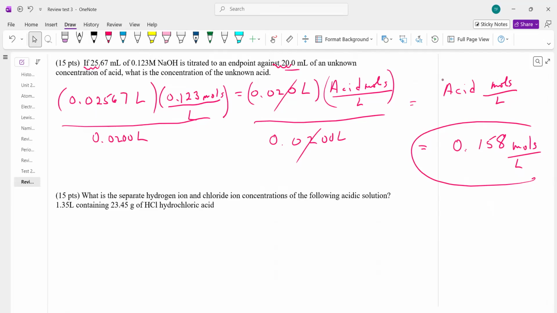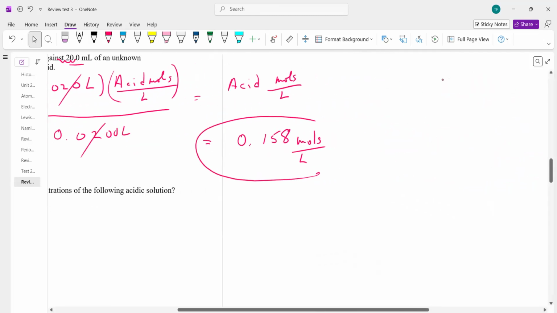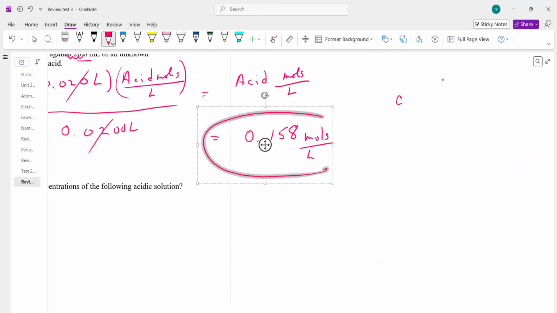Yeah. Formulas for what? Well, you have to remember that concentration times volume equals moles. So that's what we're taking advantage of.